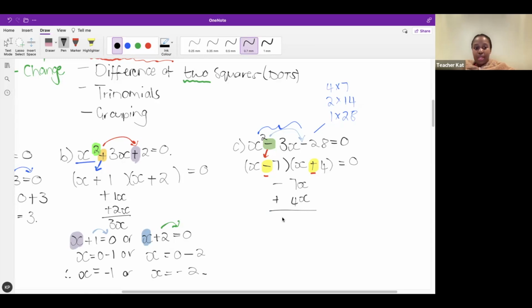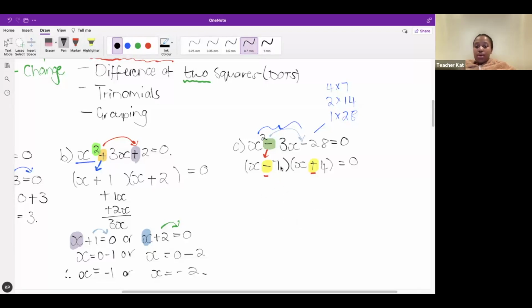Integers, this will give me -3x. Is -3x what we were looking for? Look at my middle term of my trinomial. Yes, it was. So that means my two factors are correct.